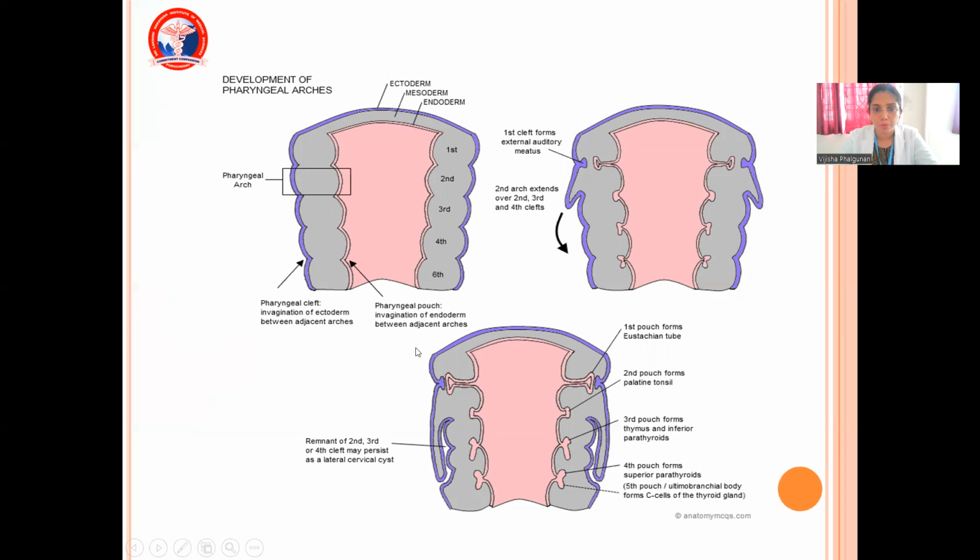Here, you can see how many changes it is undergoing. Meanwhile, what happens to the endodermal pouches? See here, the endodermal layer, have a close observation of it. Endodermal pouches are in fact invaginating inside and forming several other important structures, which I will mention in the subsequent slides.